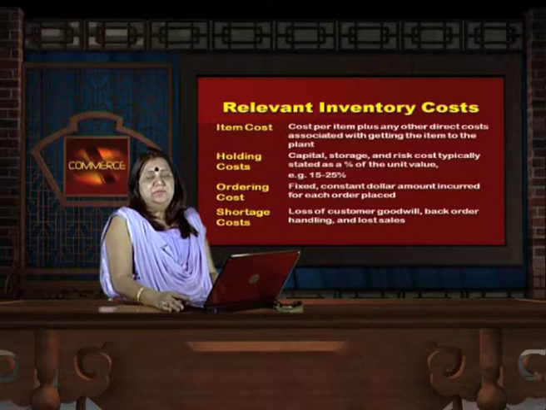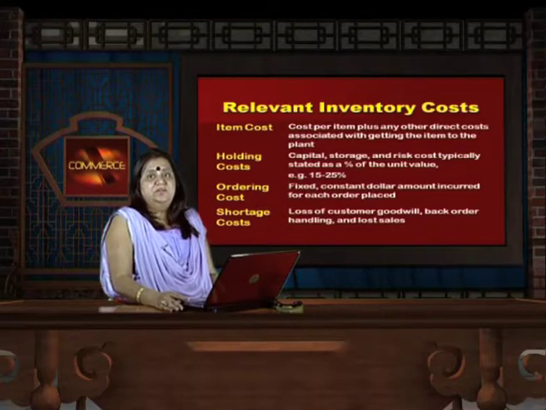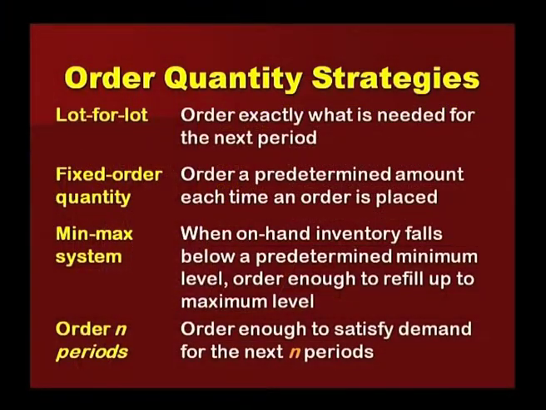So, when we talk about item cost, it is the unit cost, that is cost plus per unit production and other handling charges. Holding cost is the capital invested plus obsolescence. Ordering cost is the transportation and dispatch cost. Shortage cost is the customer lost or the sales lost. Order quantity strategies: Lot for lot is to order exactly what is needed for the next period.